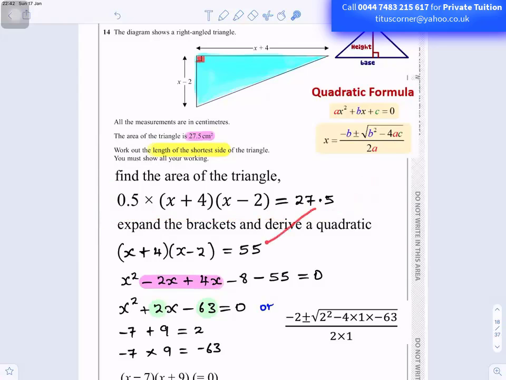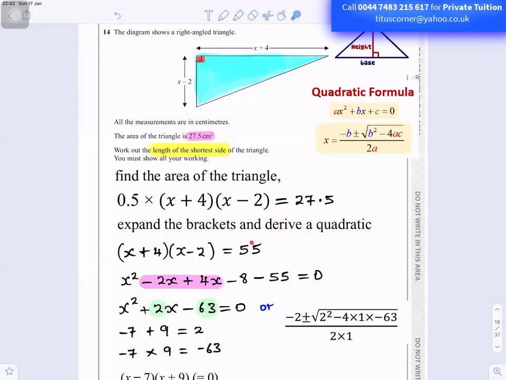27.5 times 2 gives you 55. And we take the 55 to the left, it becomes minus 55, and we're left with 0 on the right side. So 0.5 is the same as half. We take it to the right and times the 27.5, and that gives us 55.